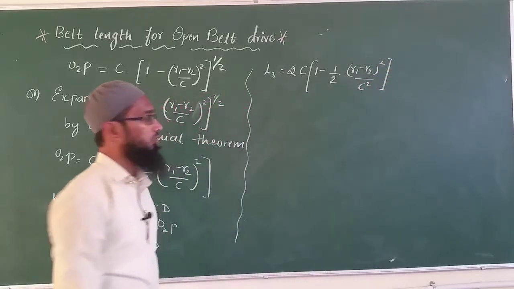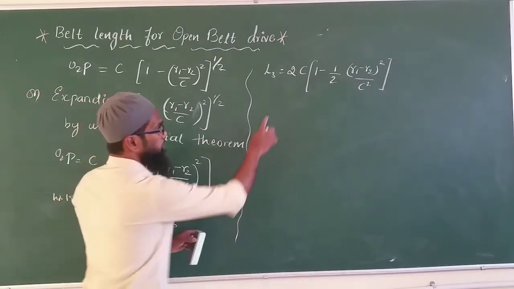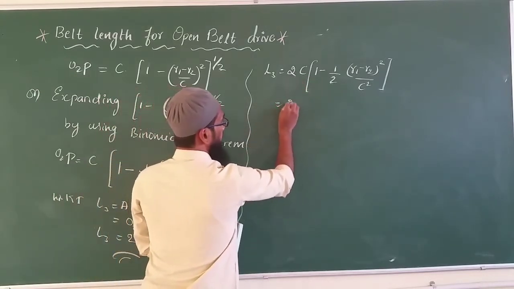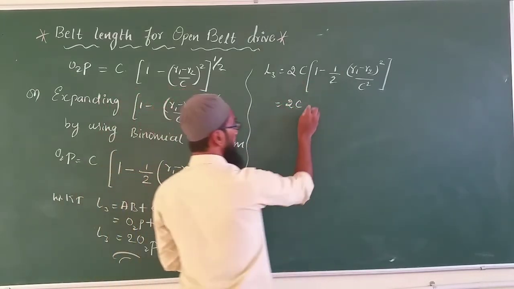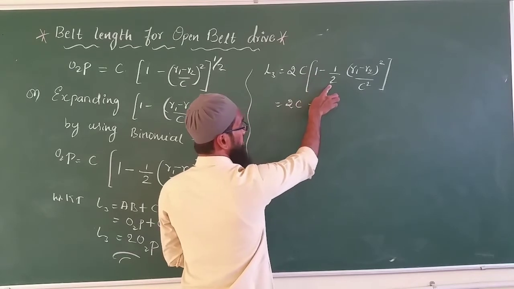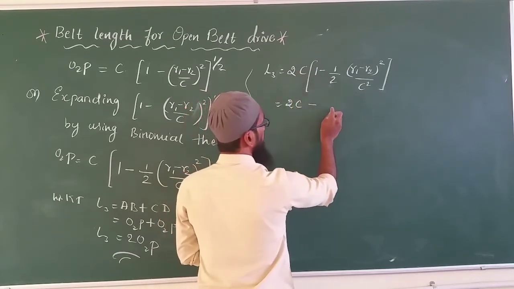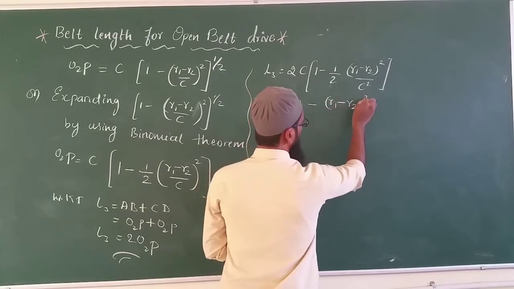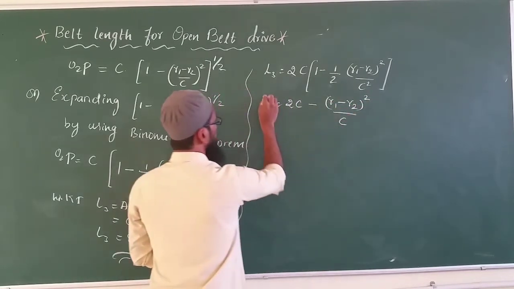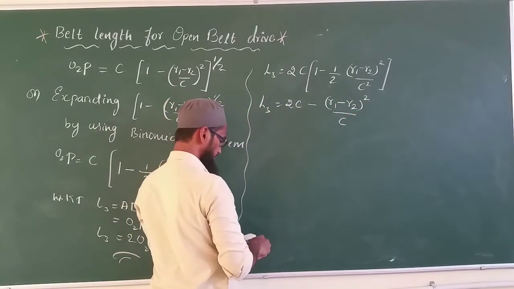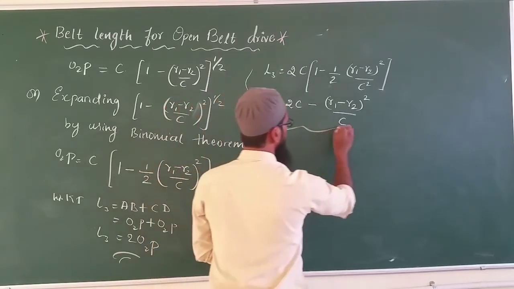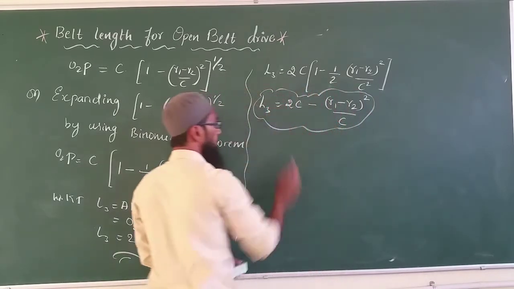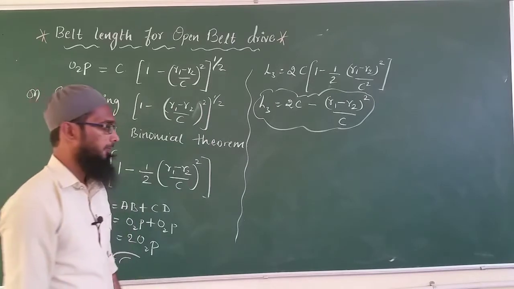So this is our L3. Now we just remove this bracket, it becomes 2C minus 2, so 1C gets cancelled. The remaining term is (R1 minus R2) whole square by C. So this is our L3 here. You can see this is the term we are getting for L3.